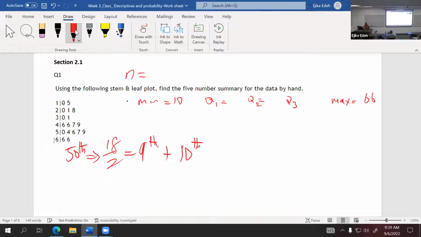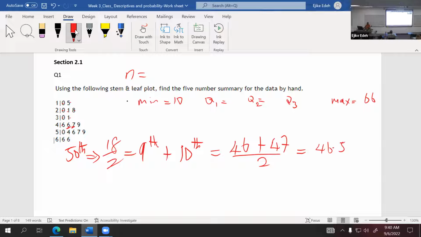So if we count 1, 2, 3, 4, 5, 6, 7, 8, 9. So the 9th value is in position 9, right? So that would be 46. But I want to add the 10th position and divide because this is even. So you add the next one, and that is 47. So when you divide this by 2, you are going to get 46.5.